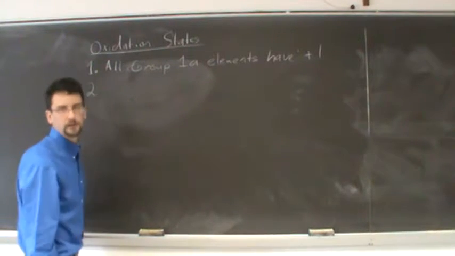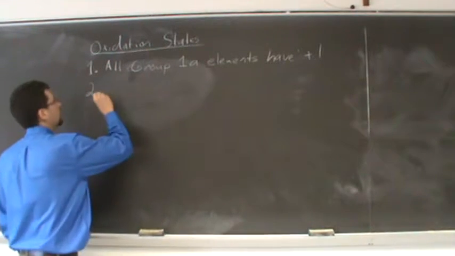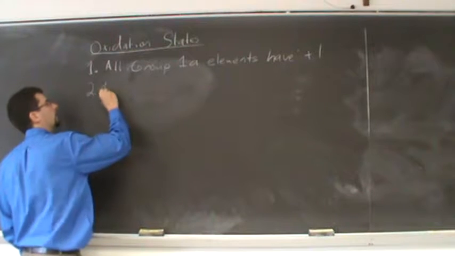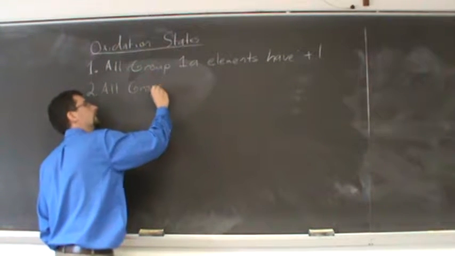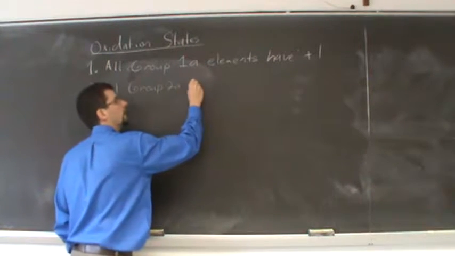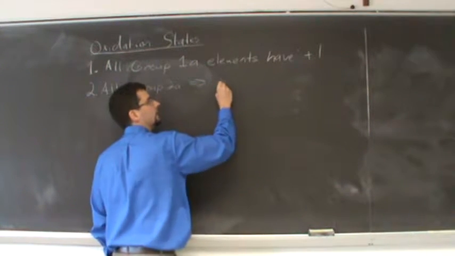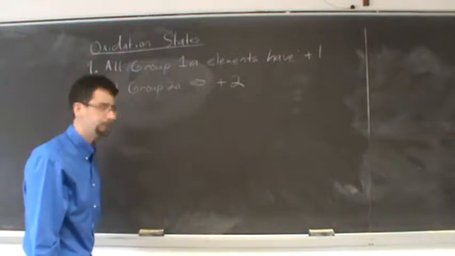Group 1 is also known as the alkali metals. In terms of the alkaline earth metals, or group 2A, they are all in a +2 state.